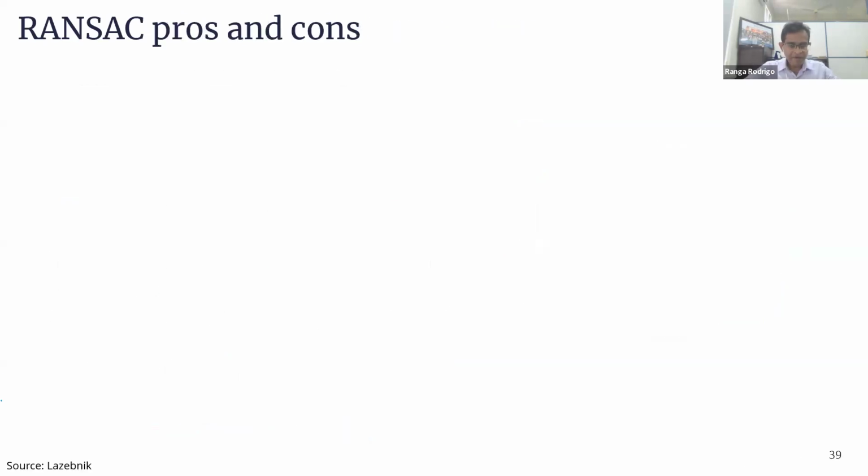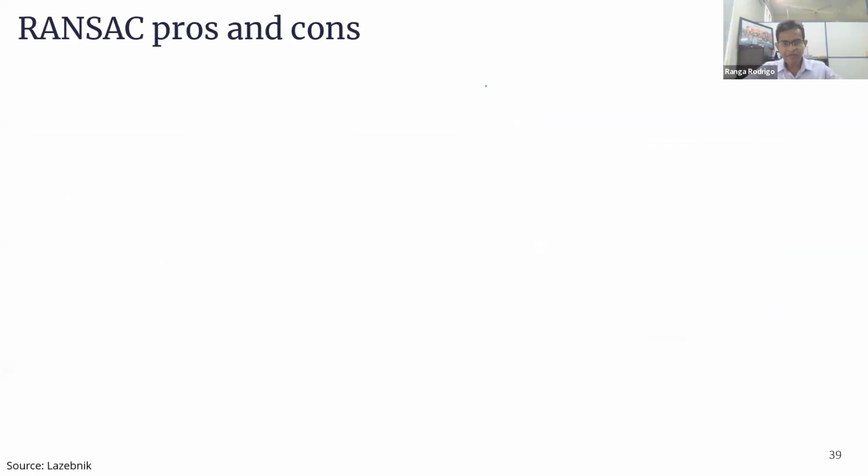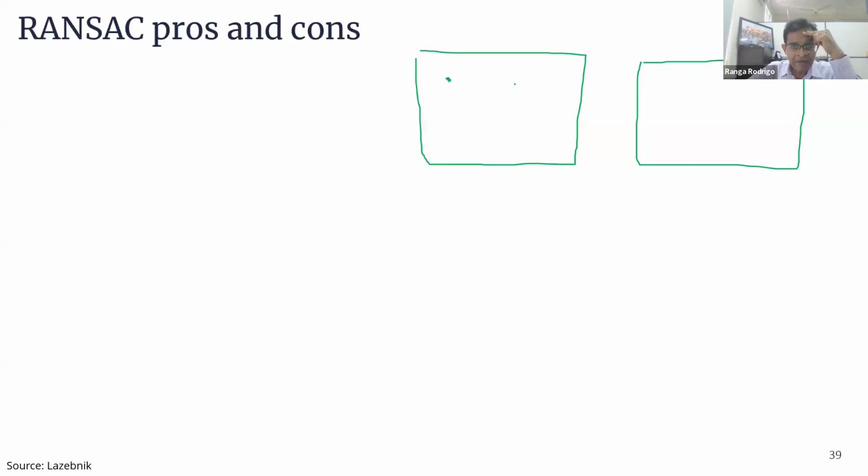Okay, let me briefly explain how this has to be done if you want to do SIFT for point matches. Assume that you have 4 points in the first image and something like these 4 points in the second image.